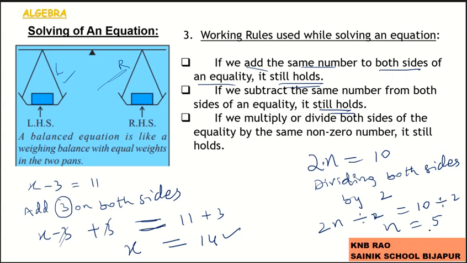So, n equals 5 was the solution. Using this third rule, I could solve this equation, which we solved by the trial and error method.